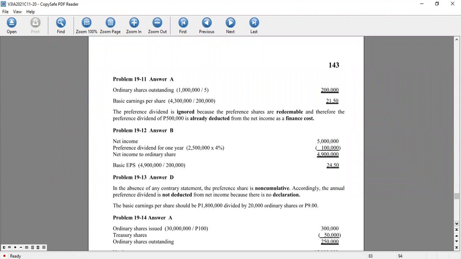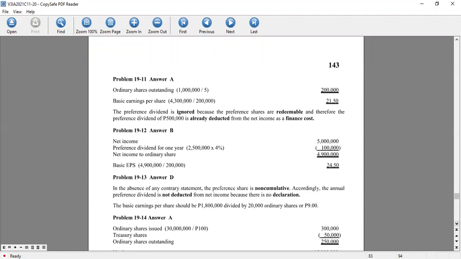Number 12, question, what will be reported as basic earnings per share? Net income of 5 million. Deduct the preference dividend for 1 year, 2.5 million multiplied by 4%, 100,000.